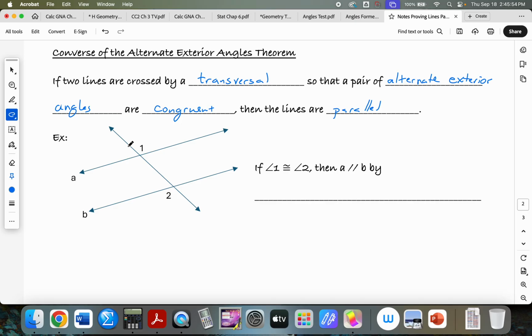So in this diagram, if angle 1 and angle 2 are congruent, since those are alternate exterior angles, this is the converse of the alternate exterior angles theorem.